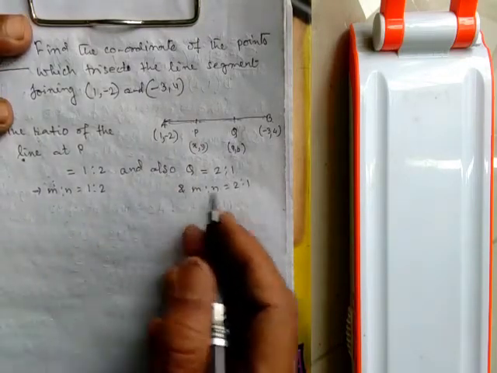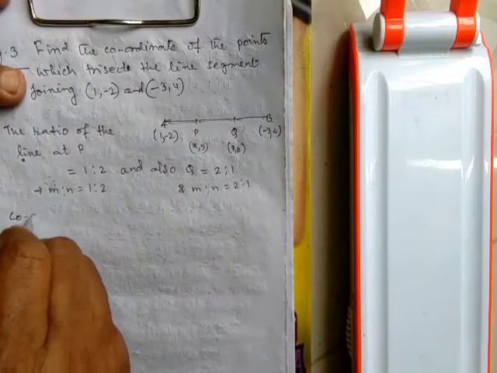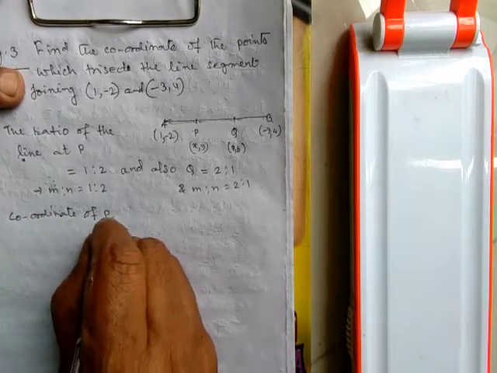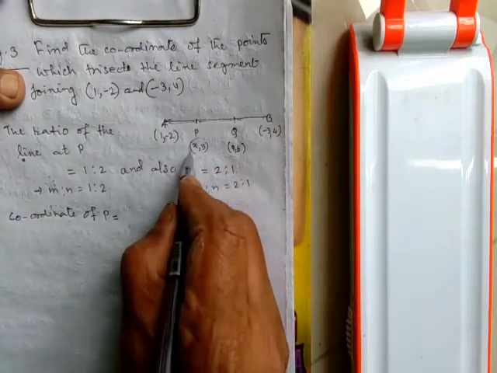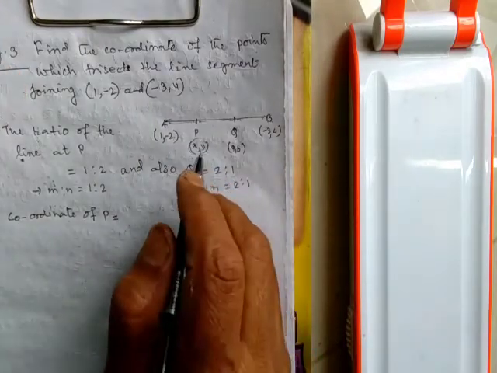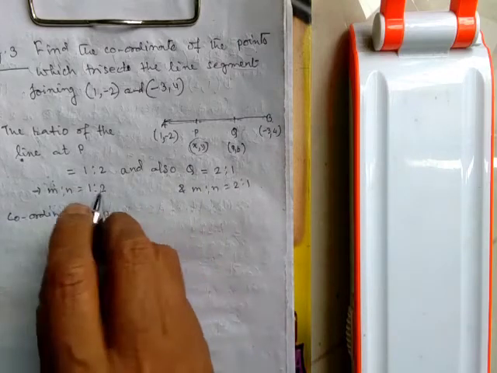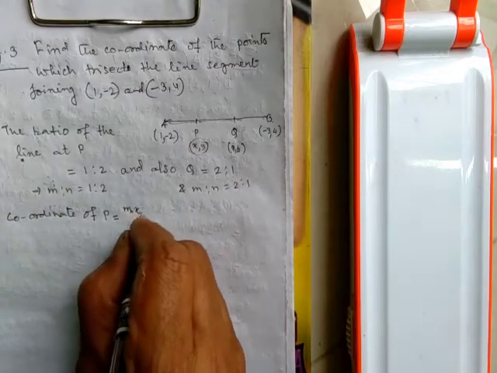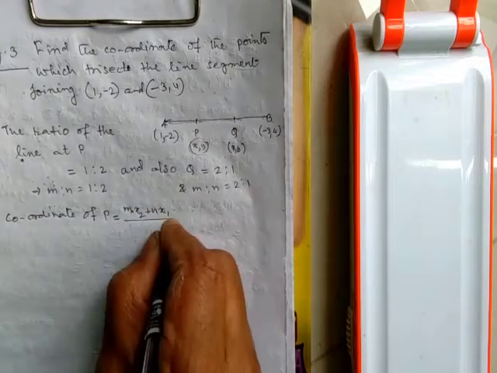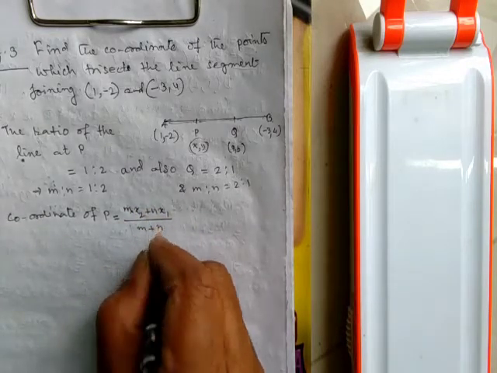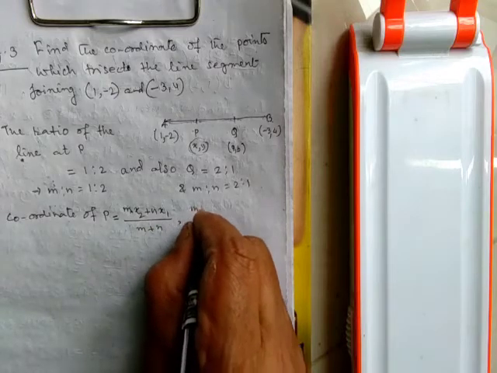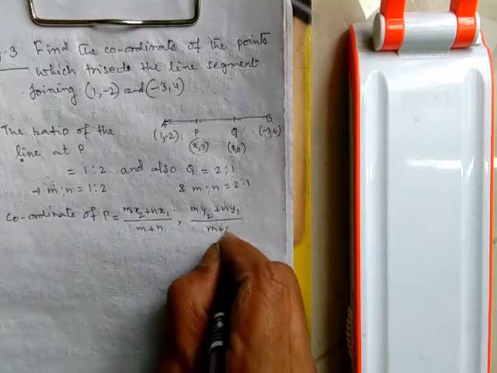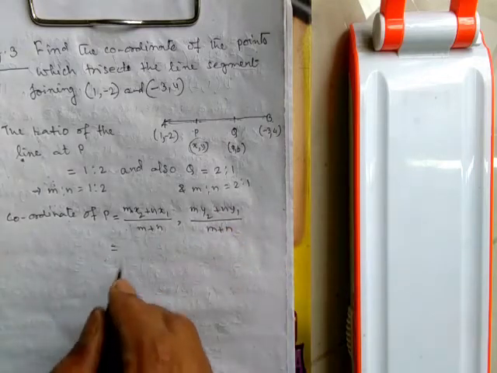Now we will find out the coordinate of P. We will find out (x, y). So we have seen the formula already: (mx2 plus nx1) by (m plus n), (my2 plus ny1) by (m plus n).